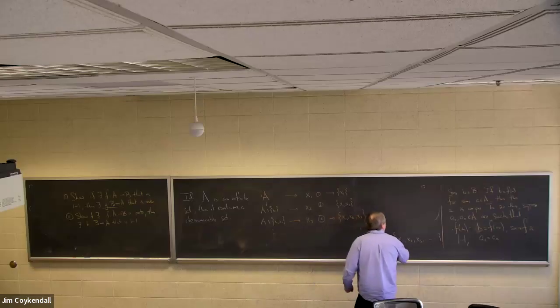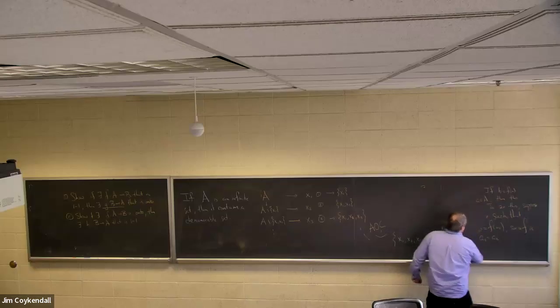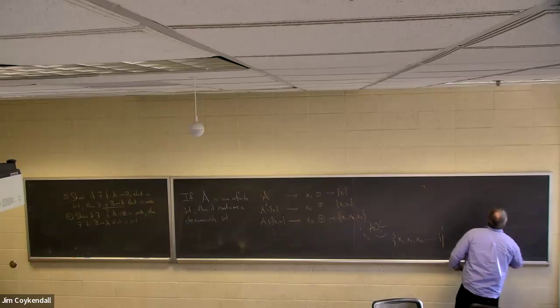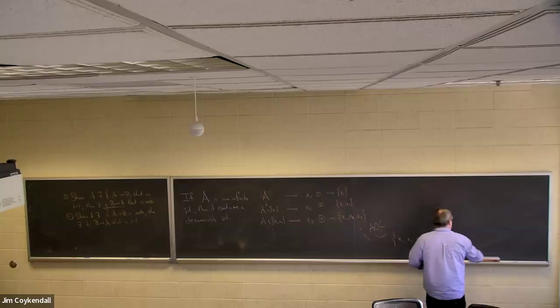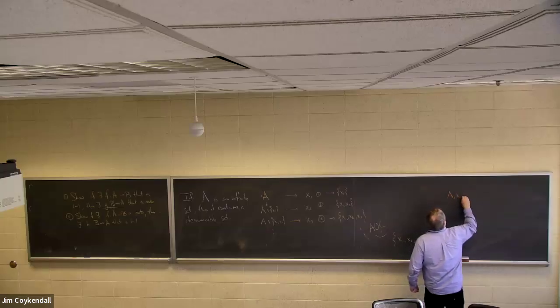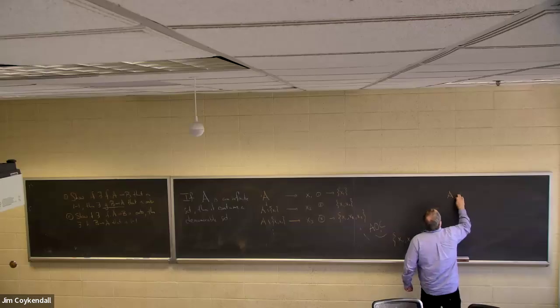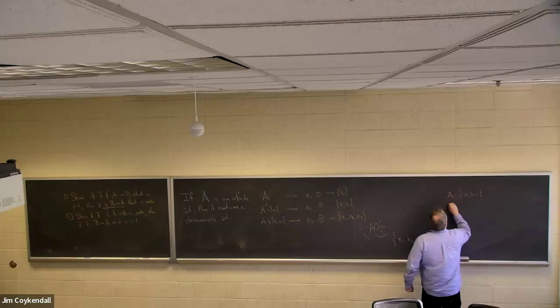So let me give you another example of where choice comes up. Suppose A is {a, b, c}, and set N, well, I'll call it N, so numbers.